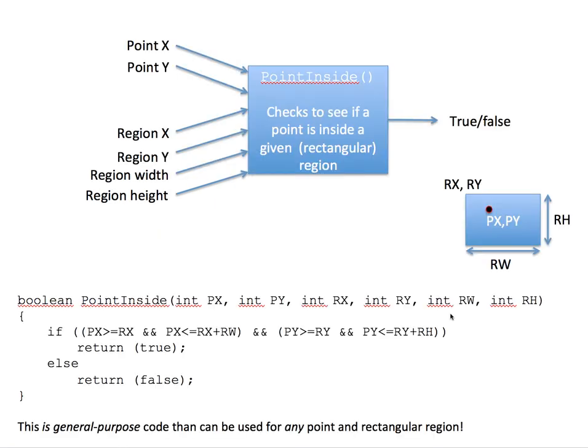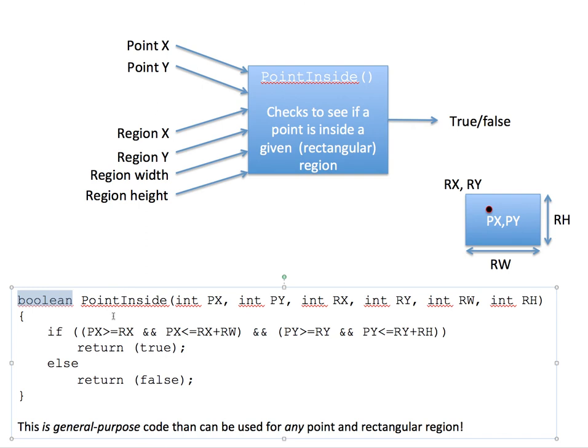And here's the code for this function, and I've shown a graphical representation of the different variables in play here just to show how they work. So these are the parameters, the information that we pass into the function. The function returns a boolean, either true or false, so we need to specify that here in the function declaration.